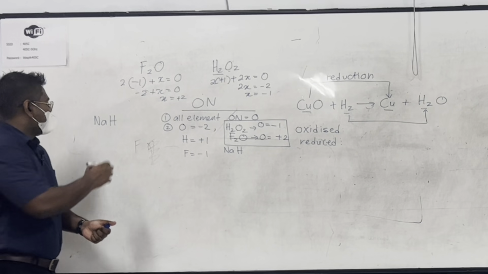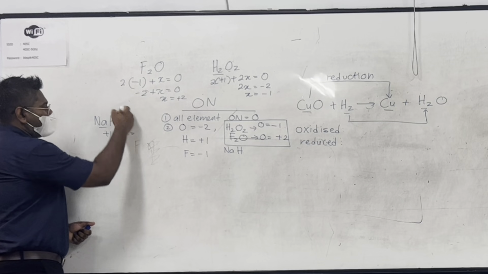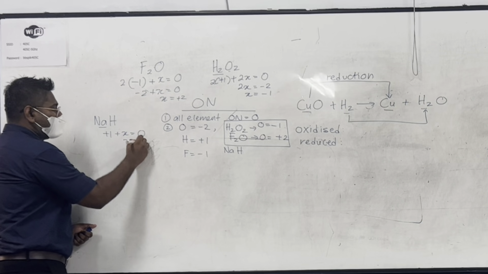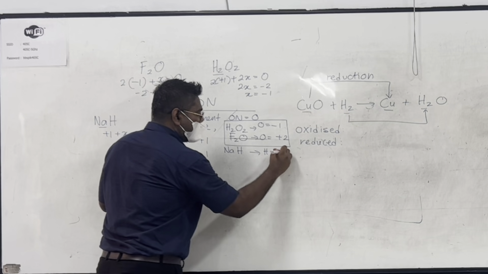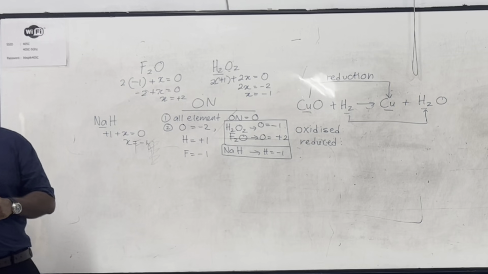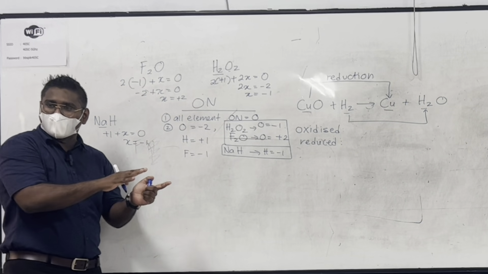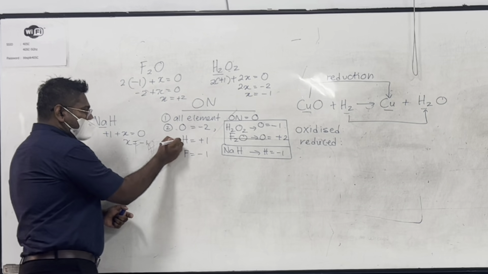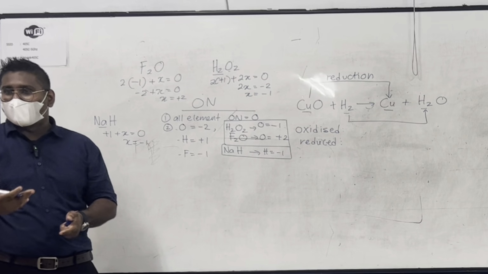So +1 plus x, overall is 0, x is going to be -1. So you can see that the hydrogen now is -1. This is another exception for hydrogen, and so on. So these are the common ones. I didn't write everything, I just put certain things when it comes to compounds.